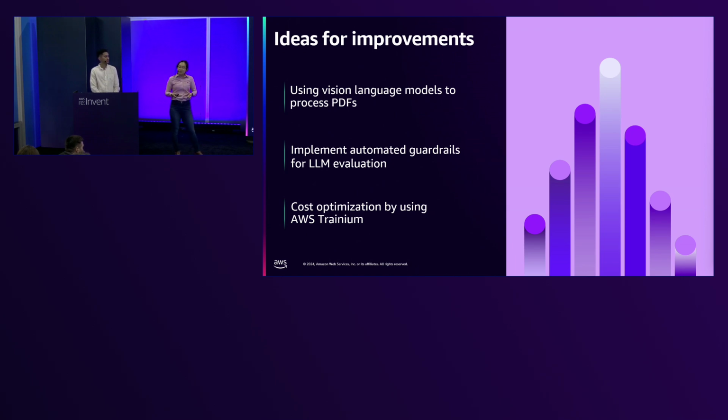Another thing is implementing guardrails, because as you know, LLMs can have problems like hallucinations. In our case, we made sure that we compared our LLM outputs and validated them by using human subject matter expert evaluation of those outputs.